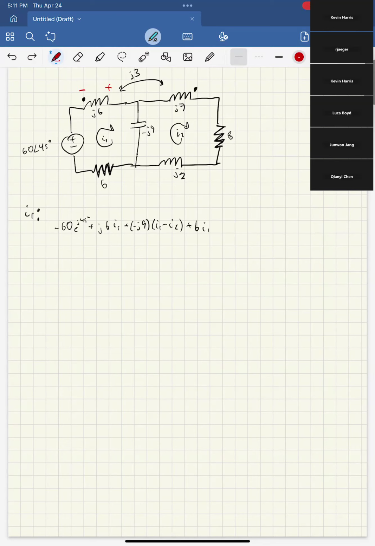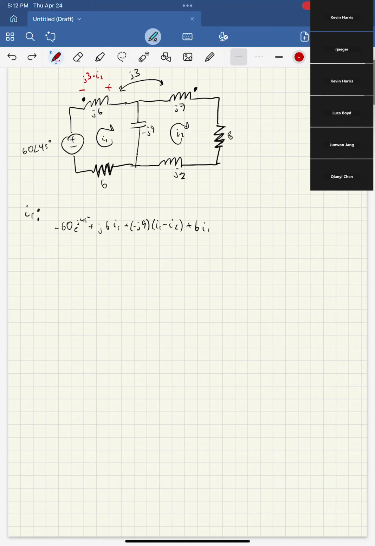So this voltage is the mutual inductance, j3, times the current going through this inductor, which is I2. You can think of it as putting a voltage source in series with it, superimposing another voltage on top of this circuit.